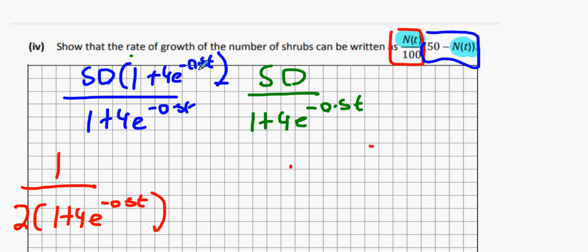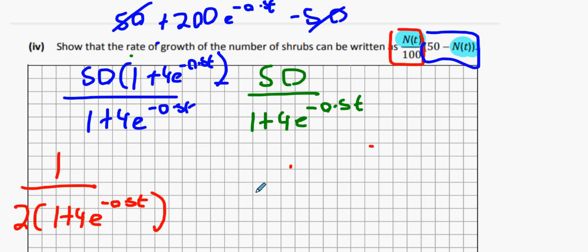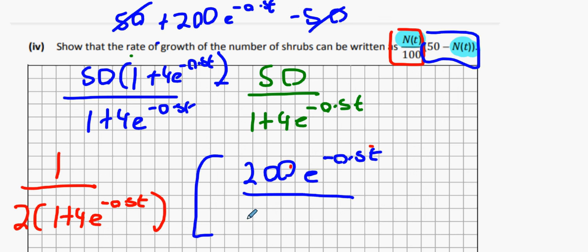Does everybody see that the 50s cancel? 50 times 1 is 50. 50 times 4 is 200. E to the minus 0.5 t, and then you have minus 50 on top. So the 50s cancel. Beautiful. And it's 200 e to the minus 0.5 t, and now it's all over 1 plus 4.